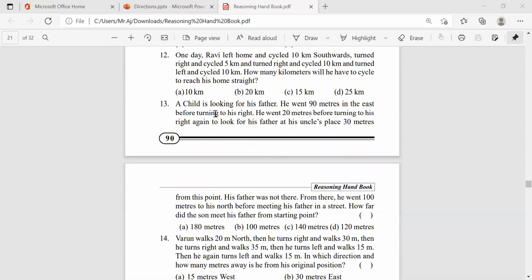See, a child looking for his father. He went 90 meters in the east before turning to his right. So right means south. He went 20 meters before turning to his right again.